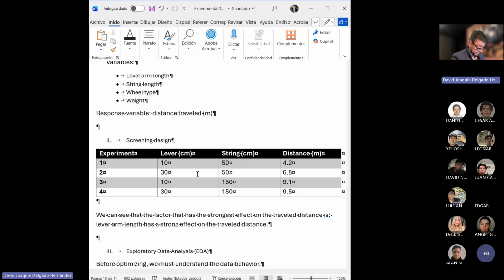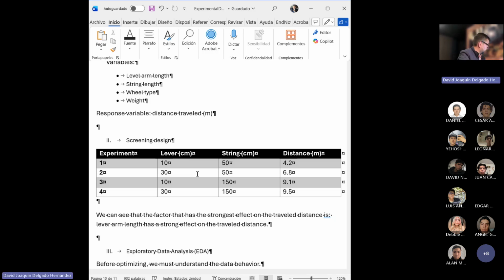Okay, so let me see. Experimental design. Okay, so let me take a photograph. Here we are.